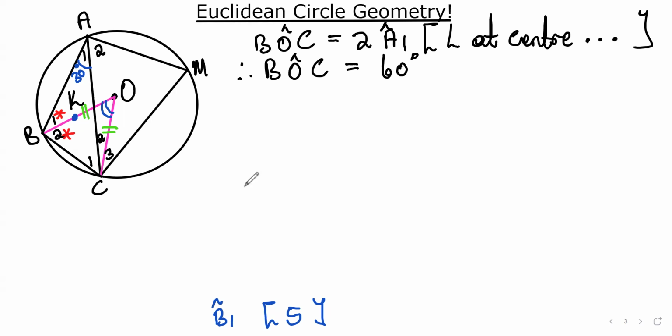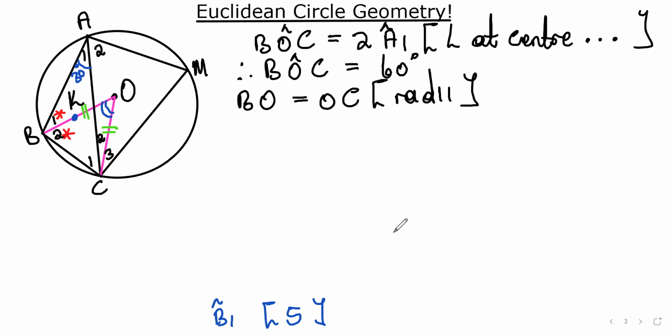Now what? Well, we know that BO is equal to OC because they are radii. Even though it's obvious, I strongly feel the necessity to tell them. I always like to write as if whoever I'm writing for is not a maths teacher, so I become as detailed as I possibly can.